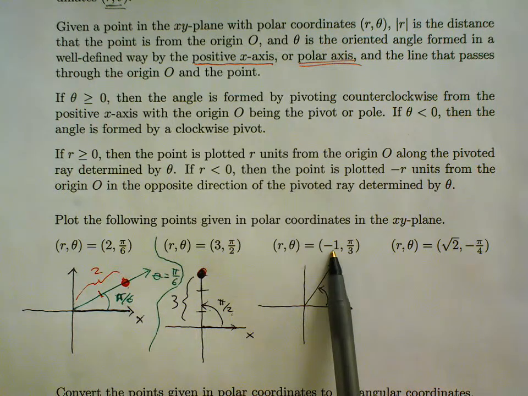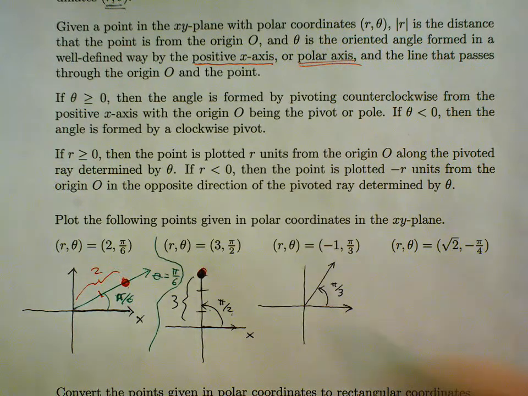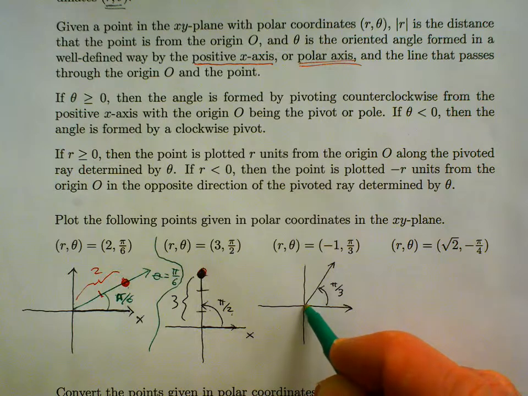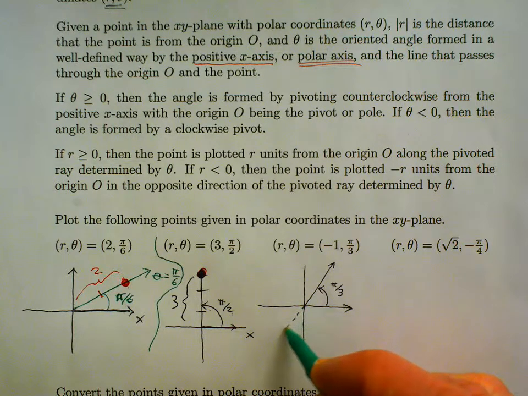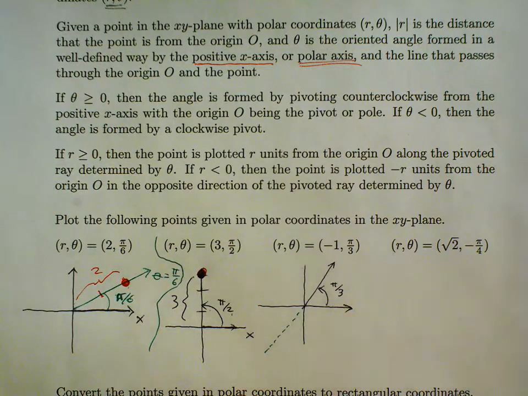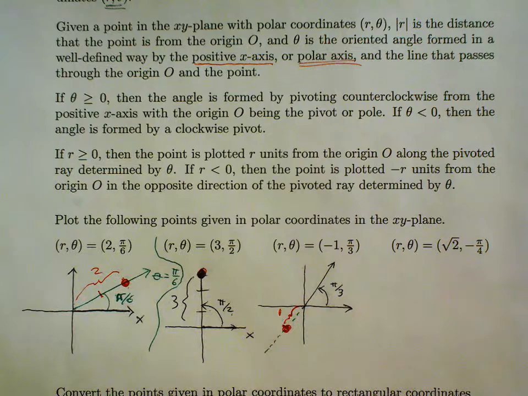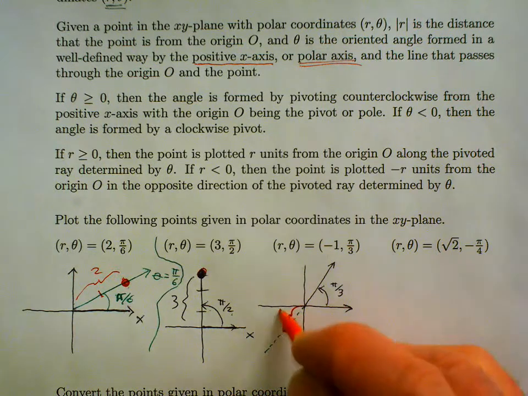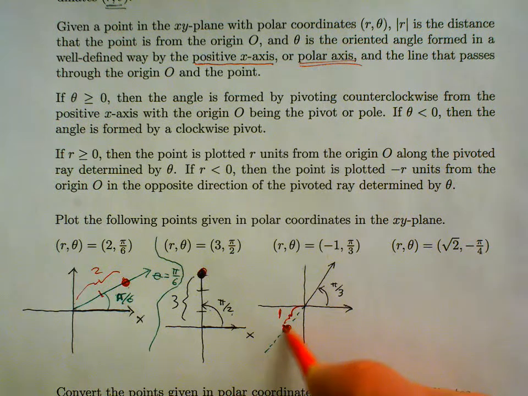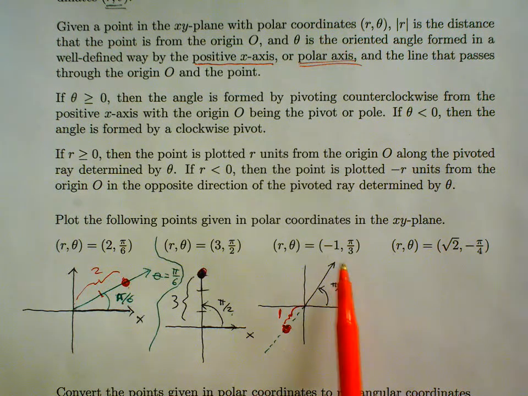And since the r value is negative, we extend the ray in the opposite direction and measure 1 unit. So the distance from the origin to this point is 1. It's the absolute value of -1. So this point in the third quadrant has polar coordinates (-1, pi/3).